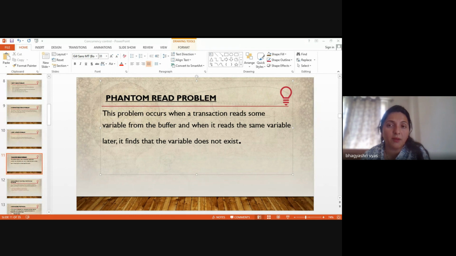After seeing the definition, can anybody tell me what could be an example for the phantom read problem?